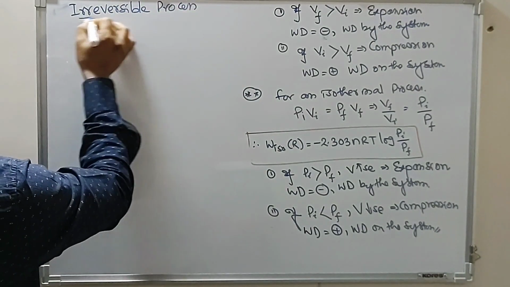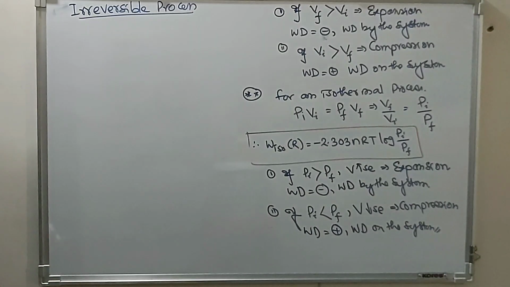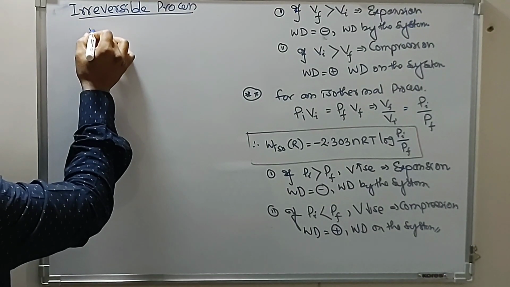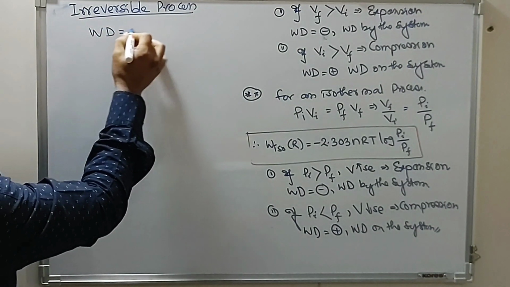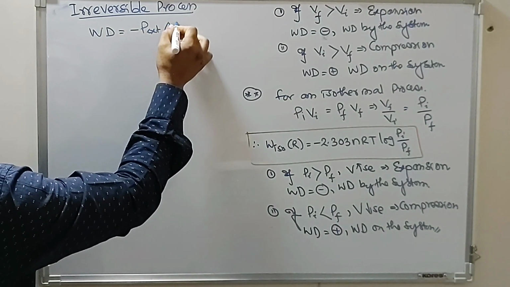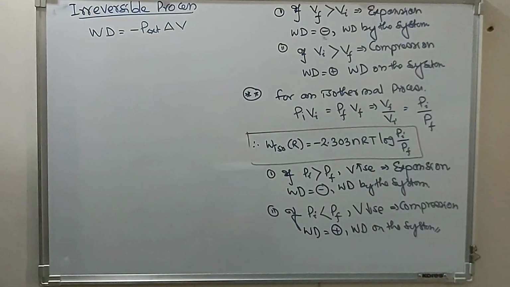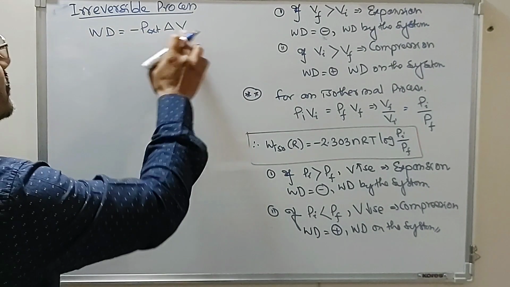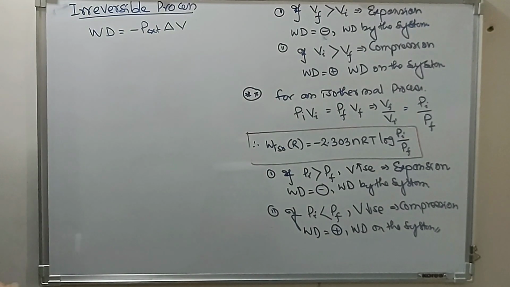Work done in an isothermal irreversible process we define as minus P external into change in volume, because in an irreversible process the change must be finite.